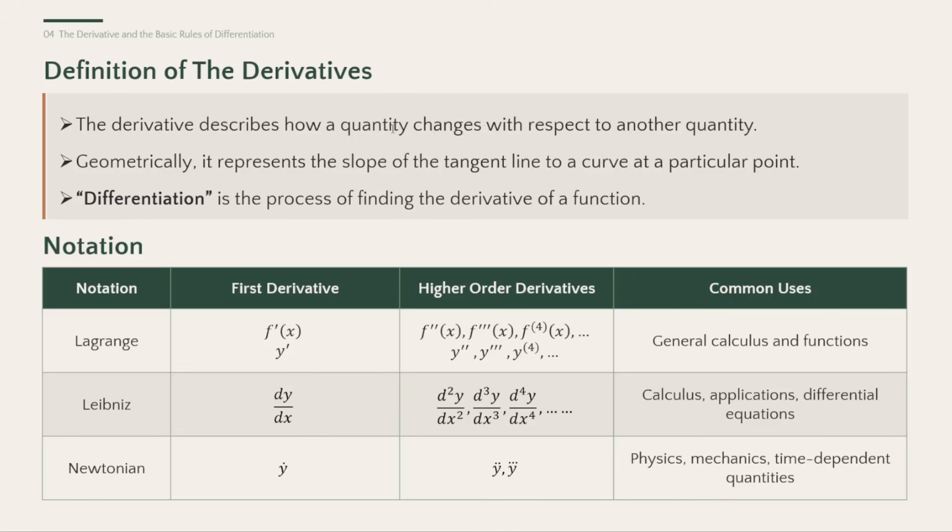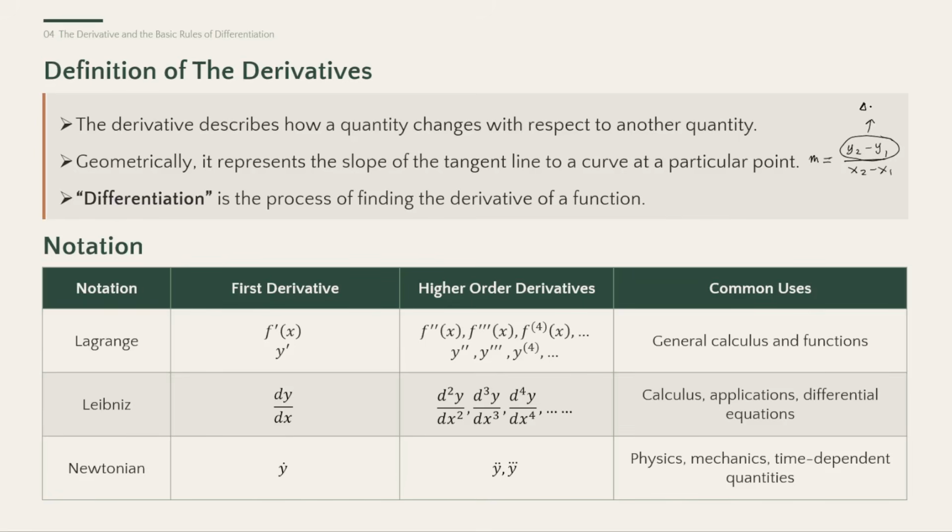Geometrically, if we connect it to lines, it represents the slope of the tangent line to a curve at a particular point. If you can recall in senior high school, we have the slope given by m is equal to (y2 minus y1) over (x2 minus x1).